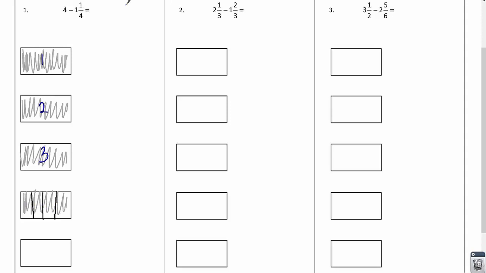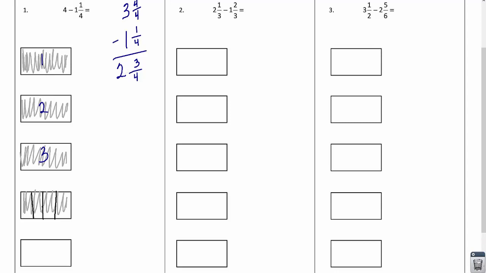So we're going to rewrite our number as 3 and 4 fourths. Now we're going to take away 1 and 1/4. Well, now we've got all the fourths we need. 4 fourths take away 1/4 is 3 fourths, and 3 take away 1 is 2.